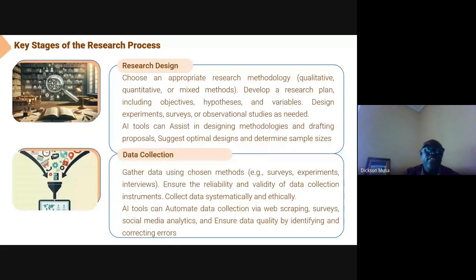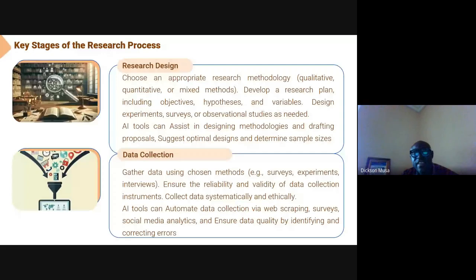Another very key stage in the research process is research design. Here you choose an appropriate research methodology, and this could be either qualitative or quantitative or a mixture of both. You develop a research plan, and this includes your research objectives, your hypothesis, and your variables.